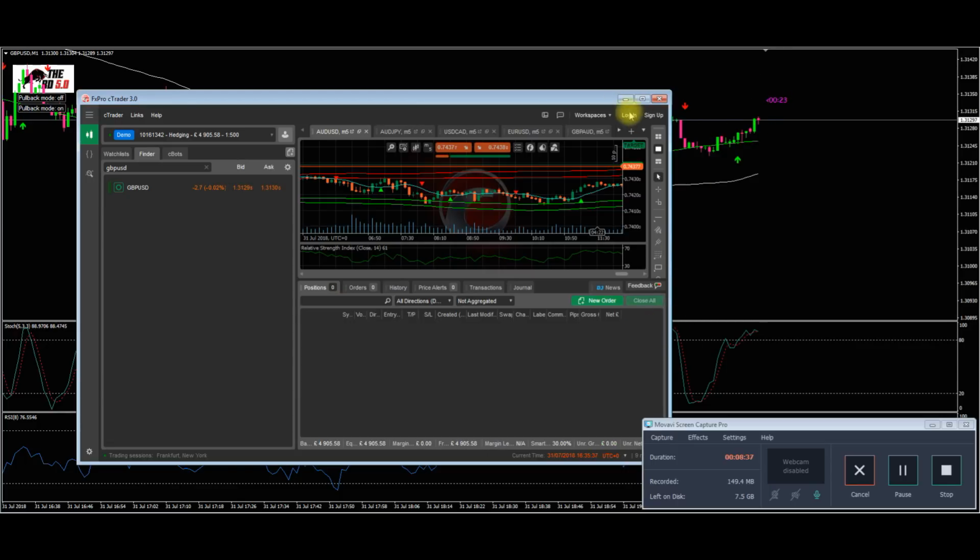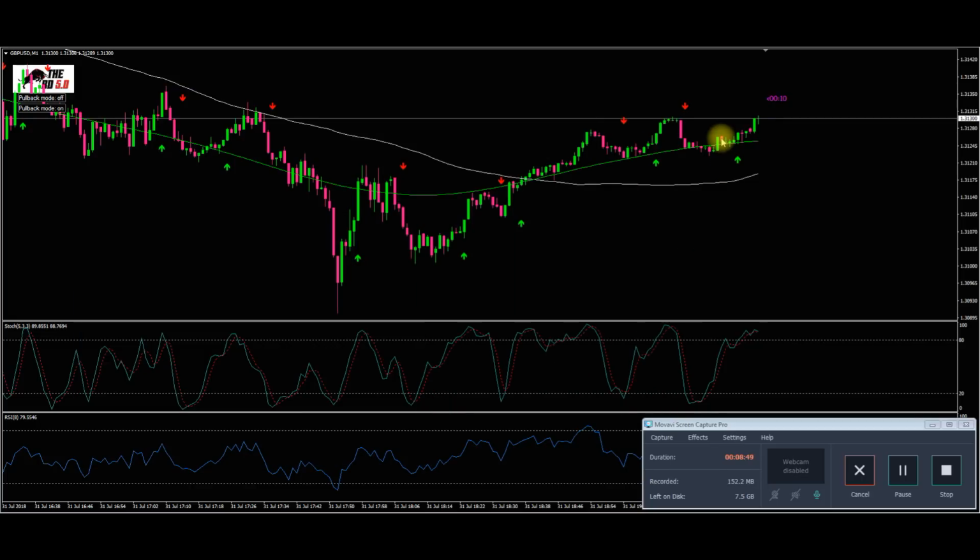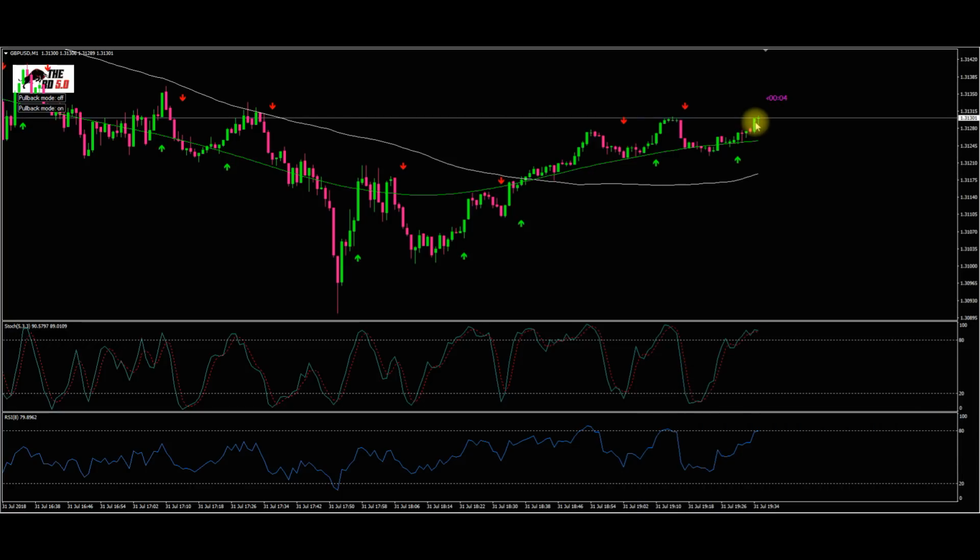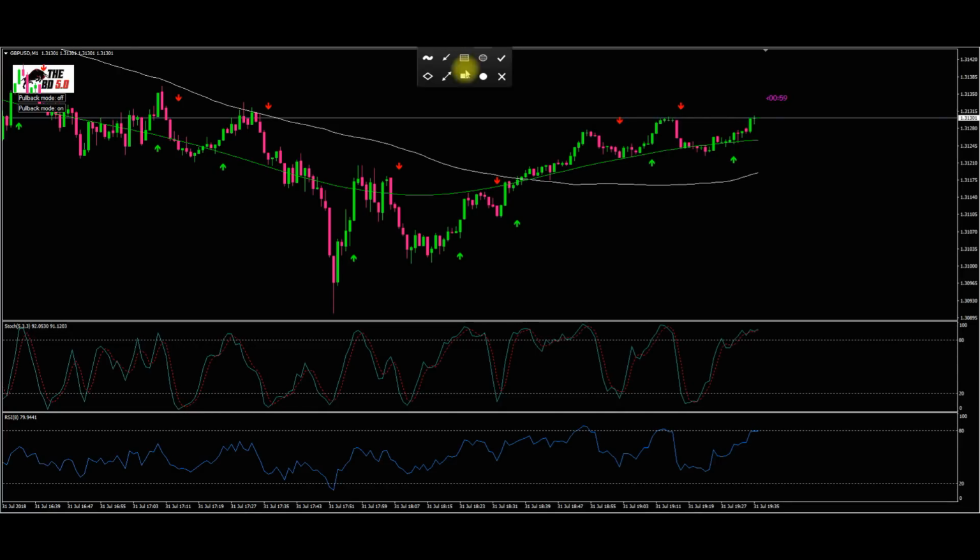Okay. So I could have left this trade for longer, but I don't want to be making a big long video showing you how to make loads of pips. I want to show you the entries, where I'm getting into. But we can see just from where we got into a trade based off the stochastics and the price. This is GBPUSD.